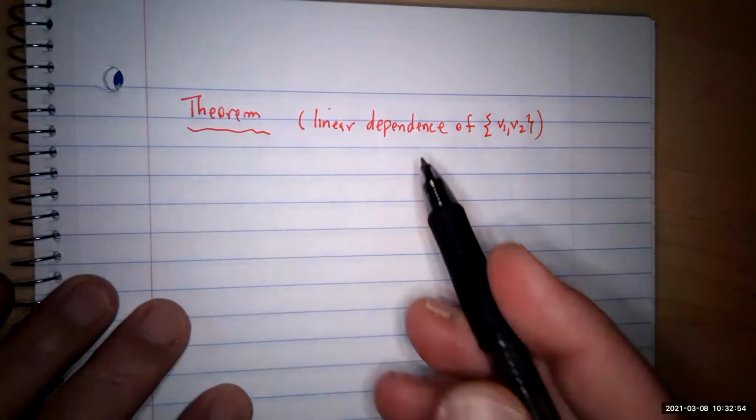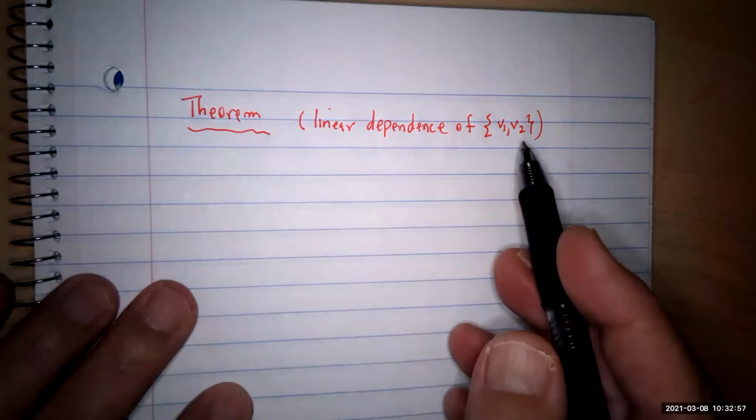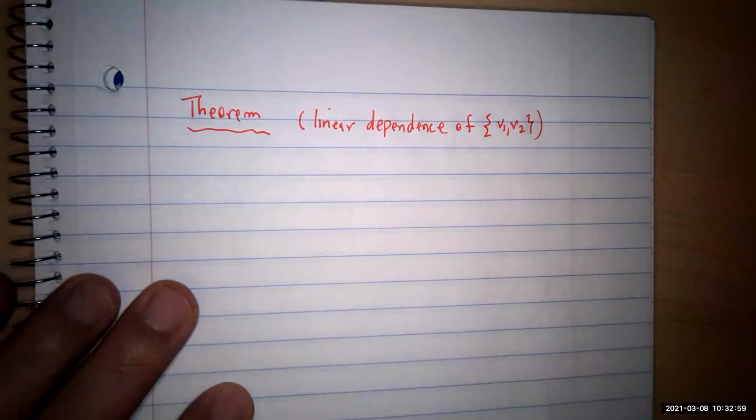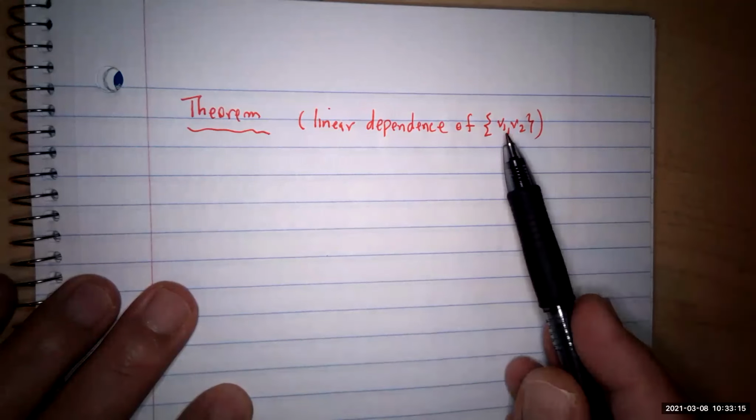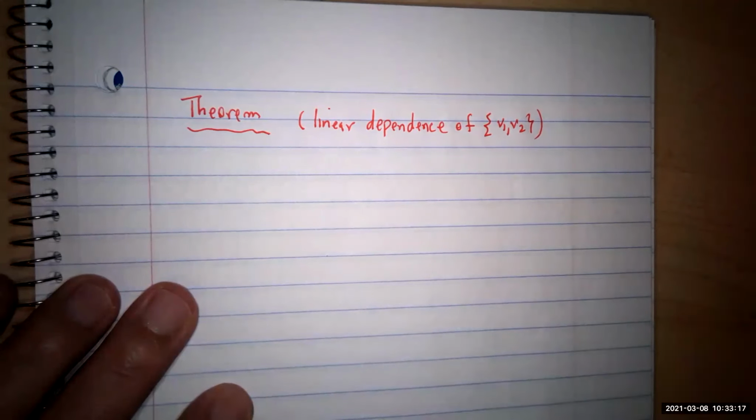This is it. V1 and V2 are linearly dependent if one of them is a multiple of the other. If one of them is not a multiple of the other one, they are linearly independent. We talked about it: if a set of vectors is linearly dependent, one of them is a linear combination of the other one.